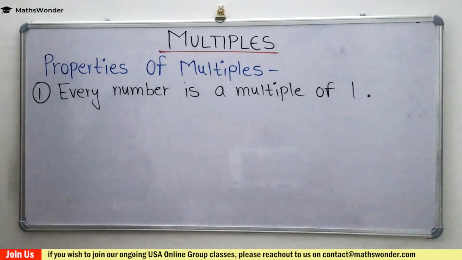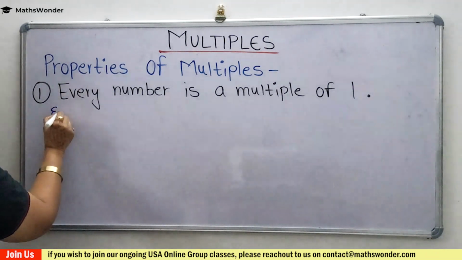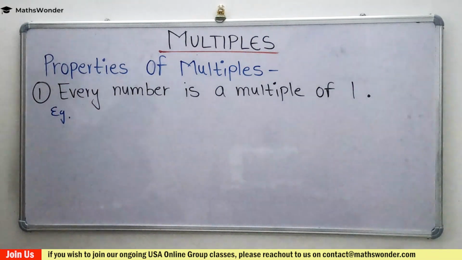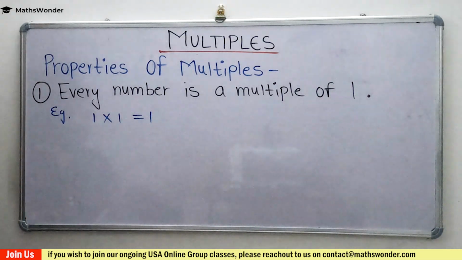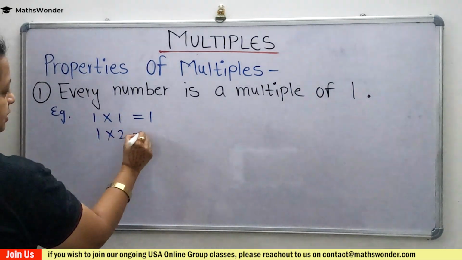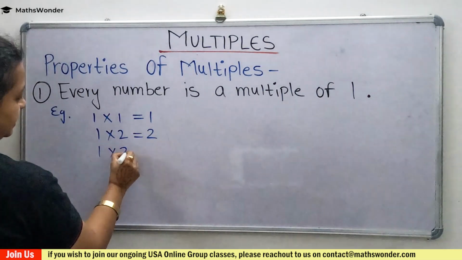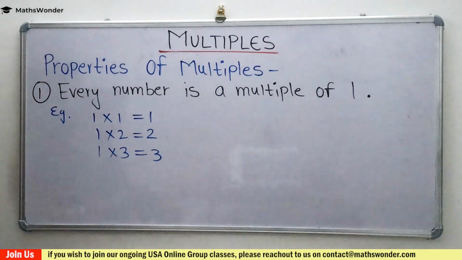Every number is a multiple of 1. For example, multiples of 1 are 1 times 1 is 1, 1 times 2 is 2, 1 times 3 is 3, and so on, right?